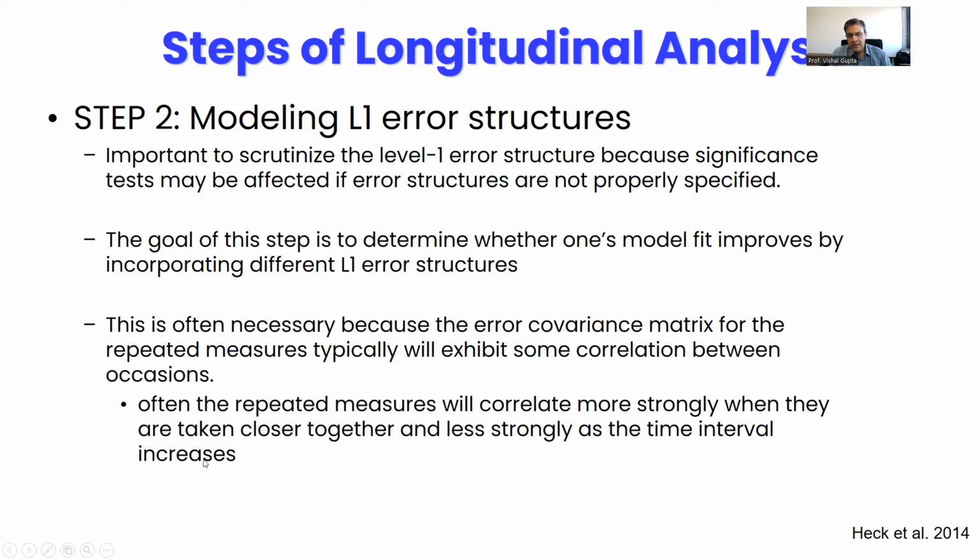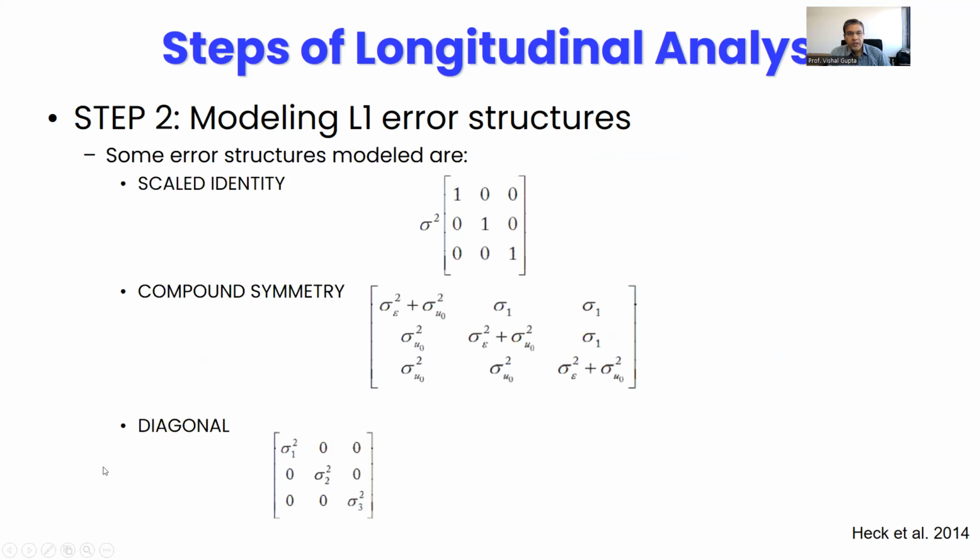We have seen this. Now there are different error structures, and I have taken this from Heck et al. book. There could be a scaled identity error structure, which assumes there is no heteroscedasticity. So at three time points, T0, T1, T2, all the variances are sigma square and there is no correlation, no autocorrelation.